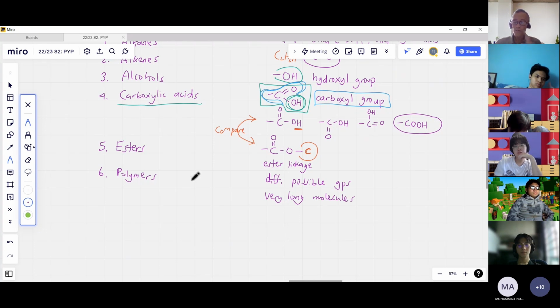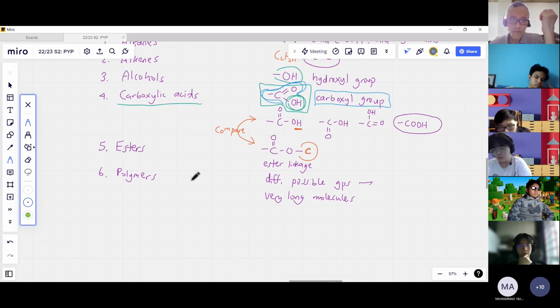That would be the precise word. They are very long. You're talking about thousands up to millions of atoms long. So that is the kind of length you're looking at. They are very long molecules. And of course, since they have different possible groups, there are quite a few types.